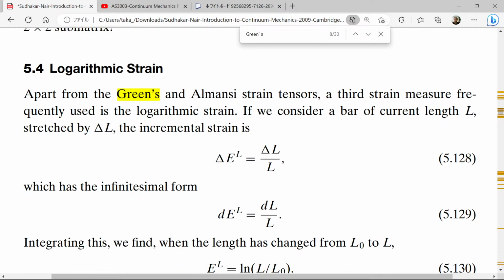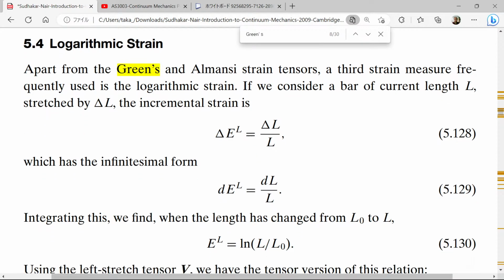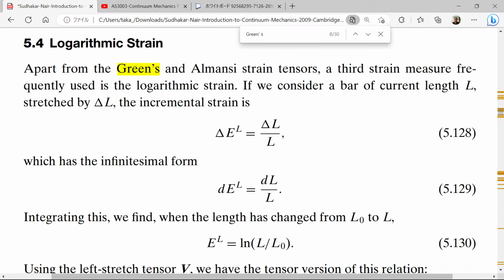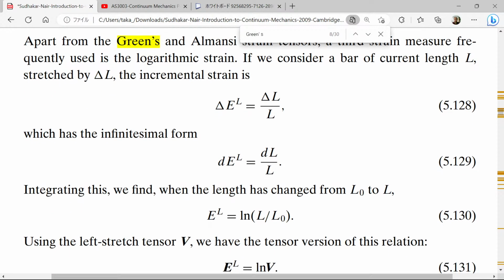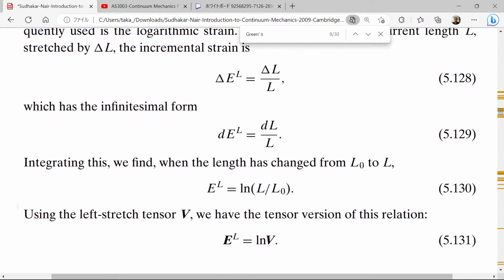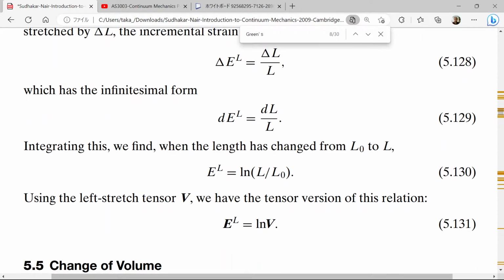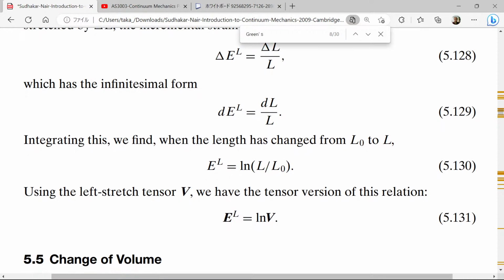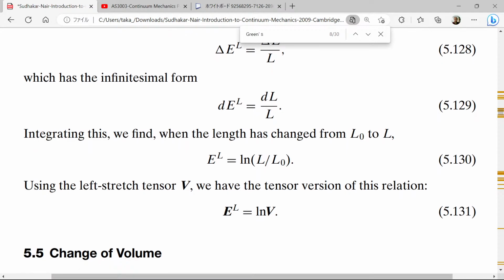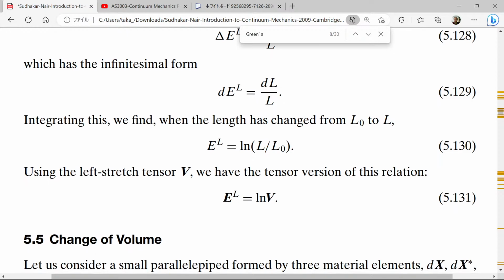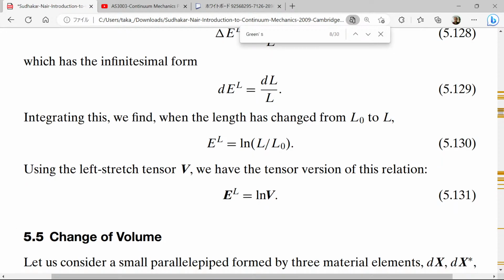If we consider a bar of current length L, stretched by delta L, the incremental strain is delta e equal delta L divided by L, which in infinitesimal form is dE equal dL over L. Integrating this, we find when the length has changed from L0 to L, E equal logarithm of L over L0.